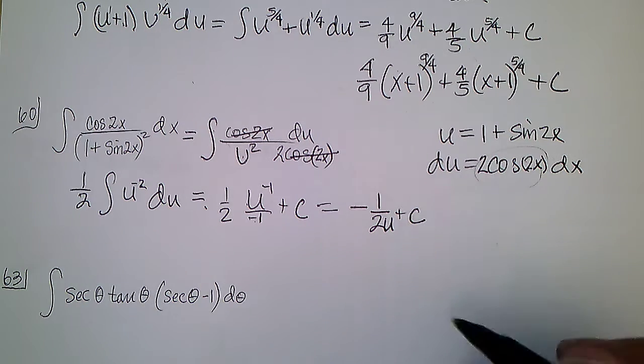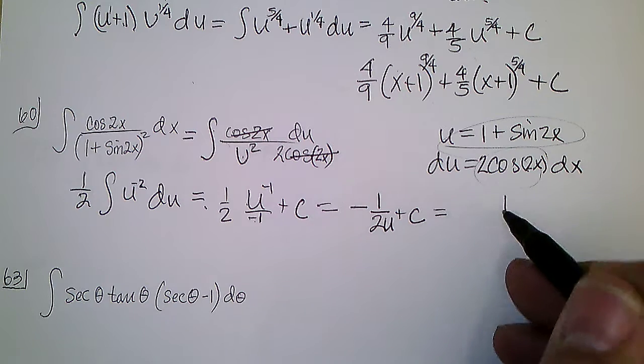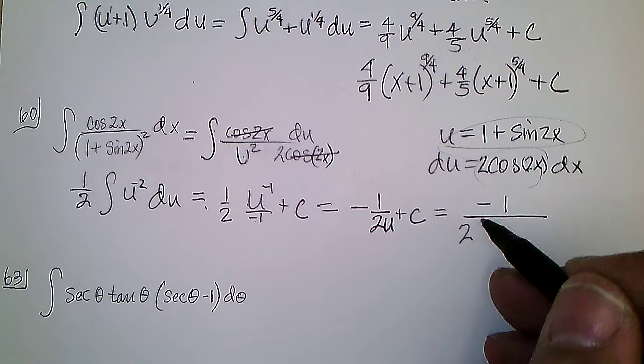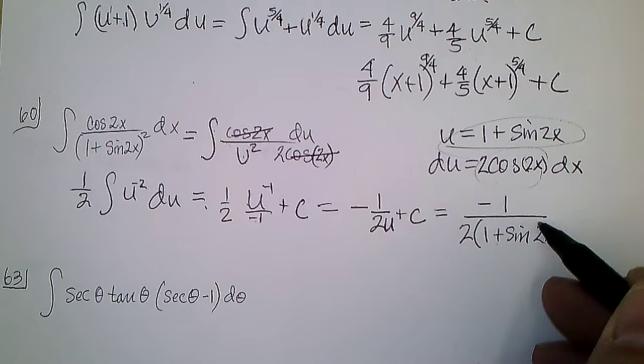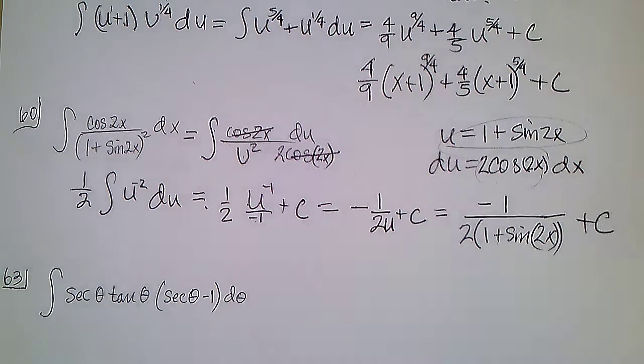And then going back to what u was, that's going to be minus 1 over 2 times u, which is 1 plus sine 2x plus c.